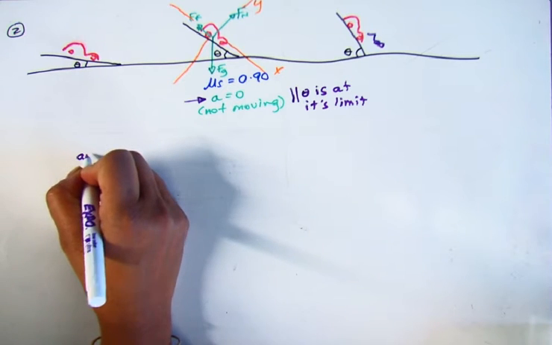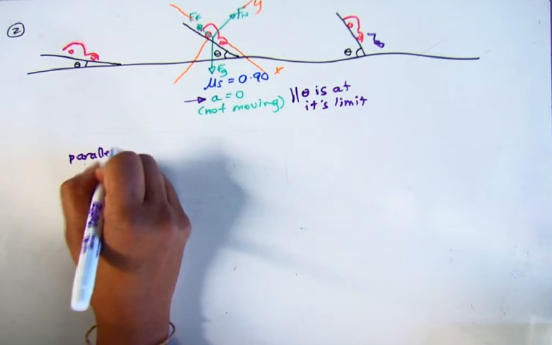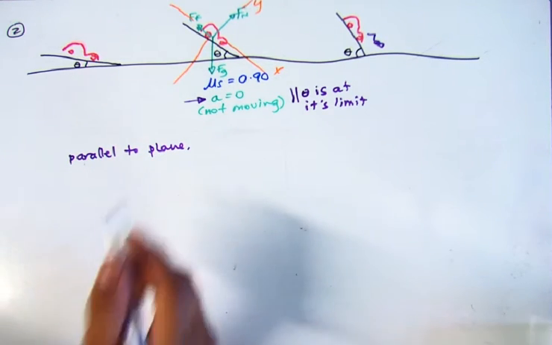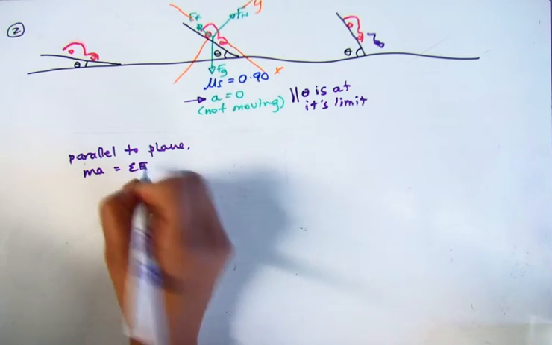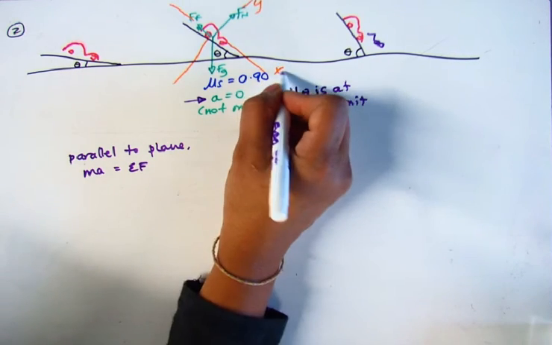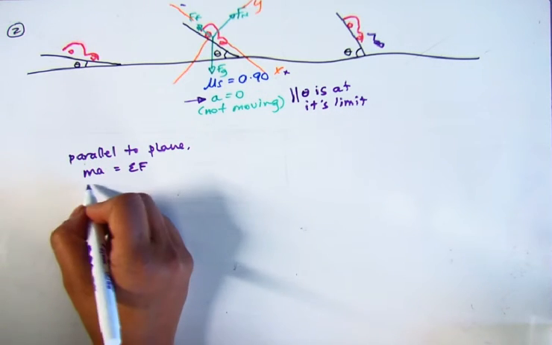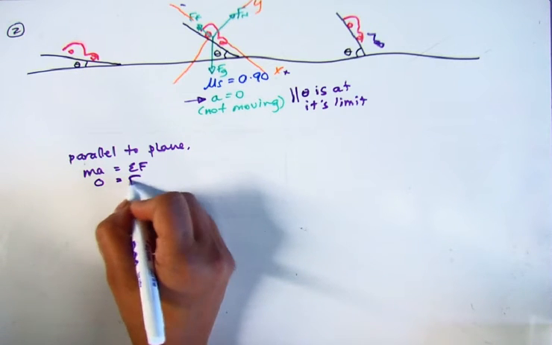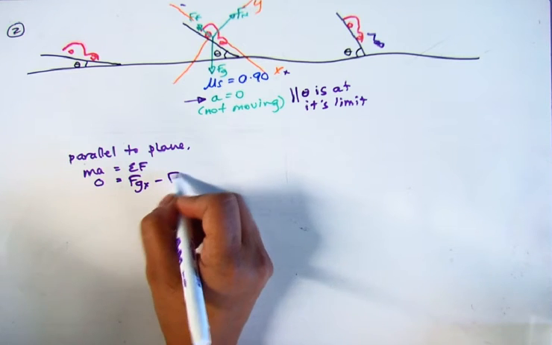So along the plane, or parallel to the plane, what we have is ma equals the sum of the forces. Taking down the plane to be positive and friction to be negative, we have 0, because a is 0, equals Fgx minus Ff.